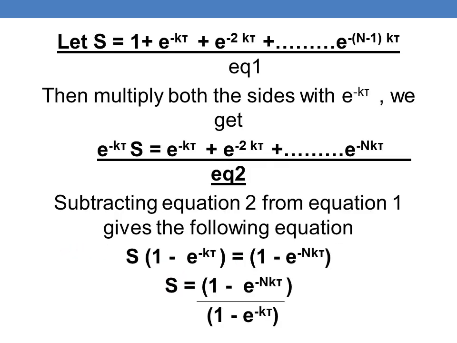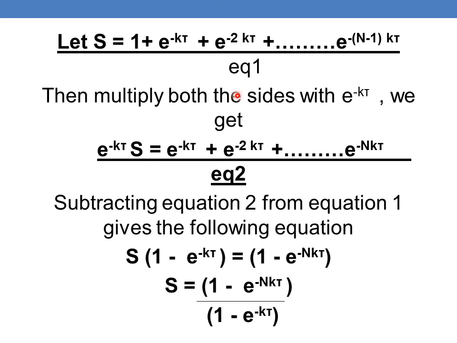And similarly, let us assume the entire term, 1 plus e to the power of minus K tau plus e to the power of minus 2 K tau and so on till the nth term, be S. Let S equal 1 plus e to the power of minus K tau plus e to the power of minus 2 K tau, and so on till e to the power of minus (n minus 1) K tau, and let this be equation 1.